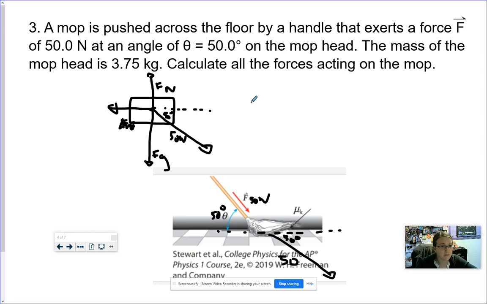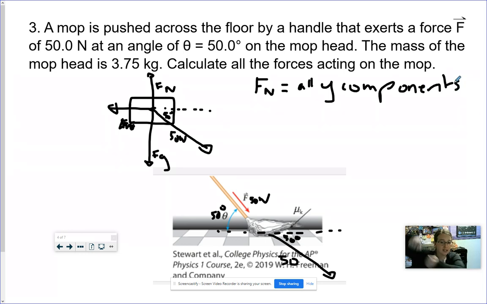So let's look at this. To find the normal force, to start with, this is all my y components. Because we're pushing down on the mop, the floor has to act upwards with a greater force because you're pushing down on it.